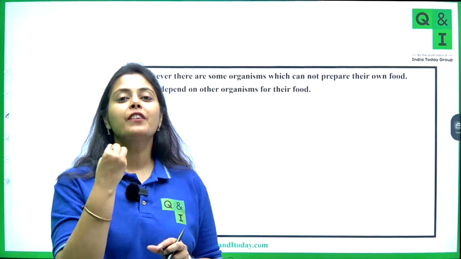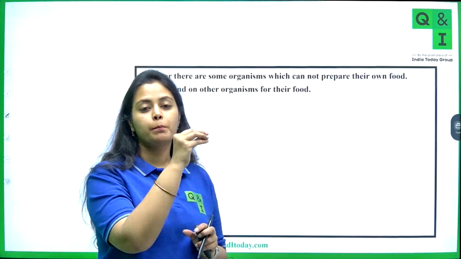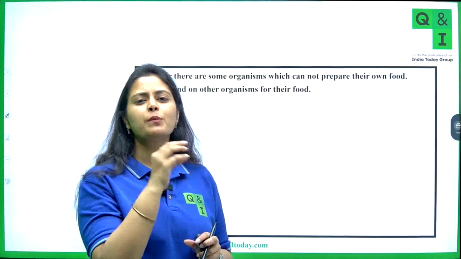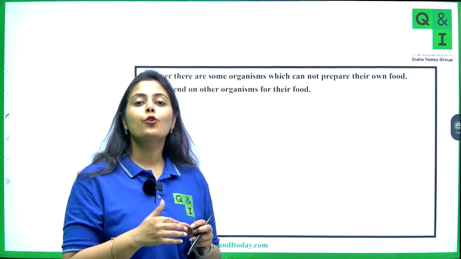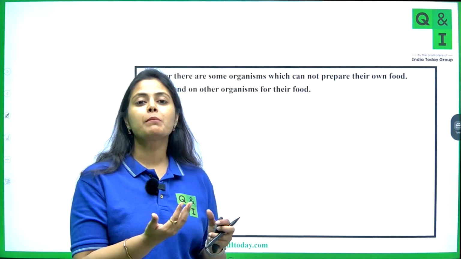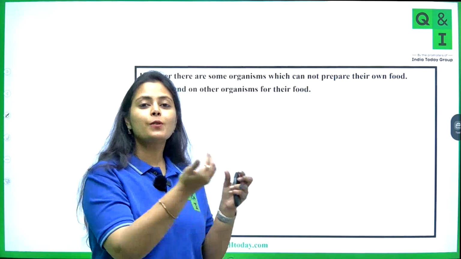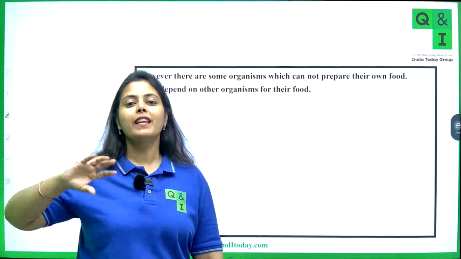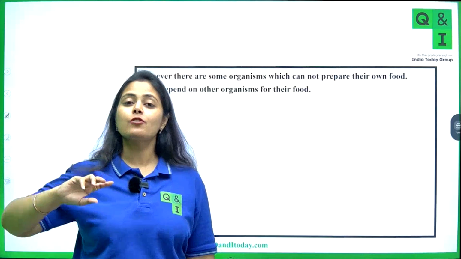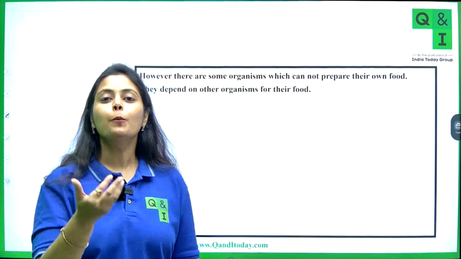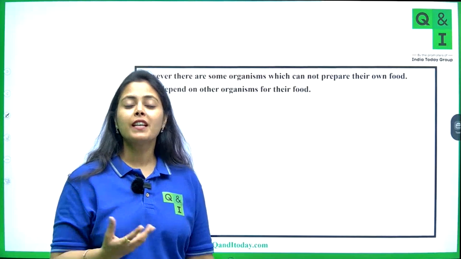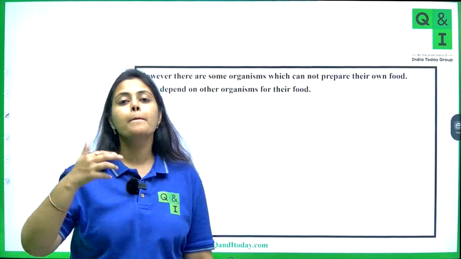Whether we are taking meat or pure veg items from the market, vegetables, fruits, everything, those are all the food which are being synthesized in nature. Once you get these foods, you process them to make them more aligned to our taste, so that we can consume them in a better manner.